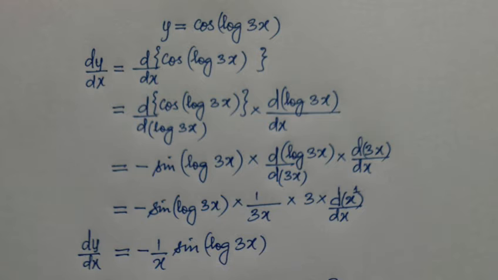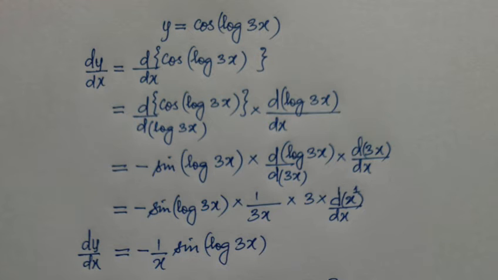So the derivative of log of 3 times x with respect to 3 times x will be just 1 upon 3 times x. Now for the last derivative, you have 3 times x, and 3 is a constant, so we can take it out, and now you have the derivative of x with respect to x, and that is simply equal to 1.